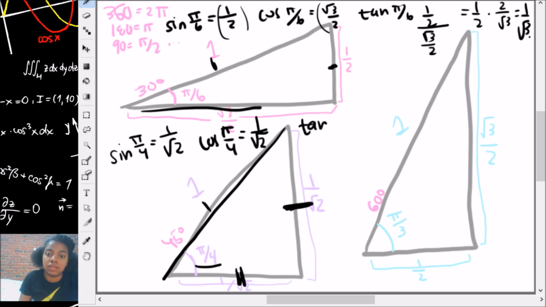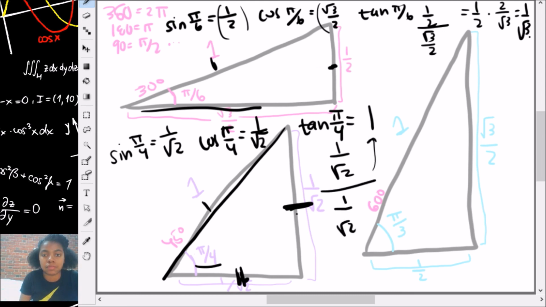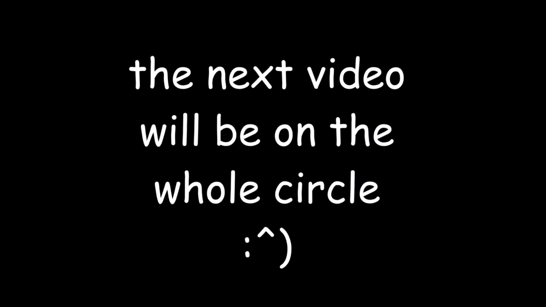So the tangent of pi over 4 is just 1, because it would just be 1 over root 2 divided by 1 over root 2, which is 1. So we speed rounded it. It's great, amazing. So that's great.